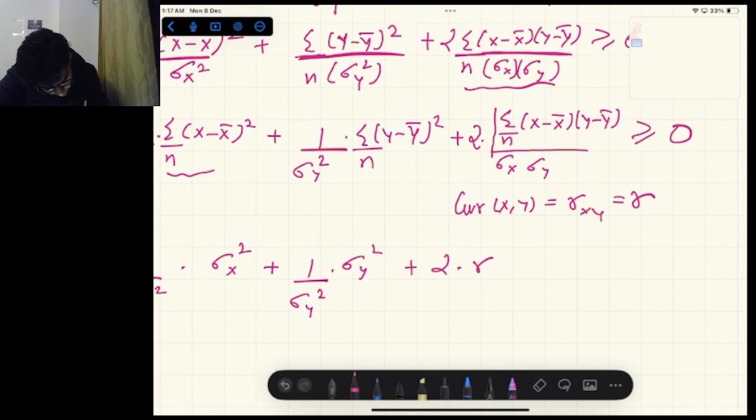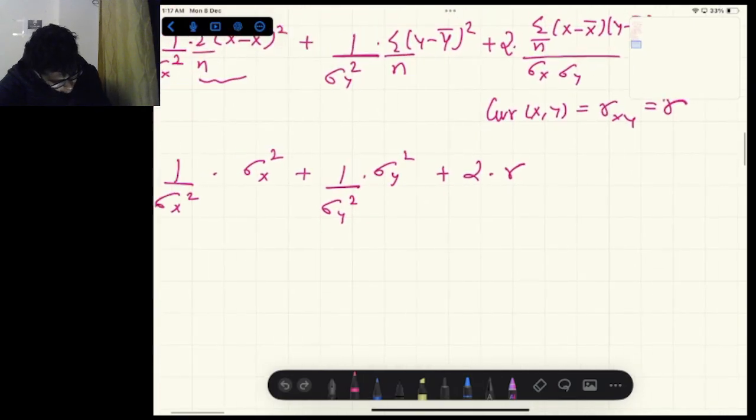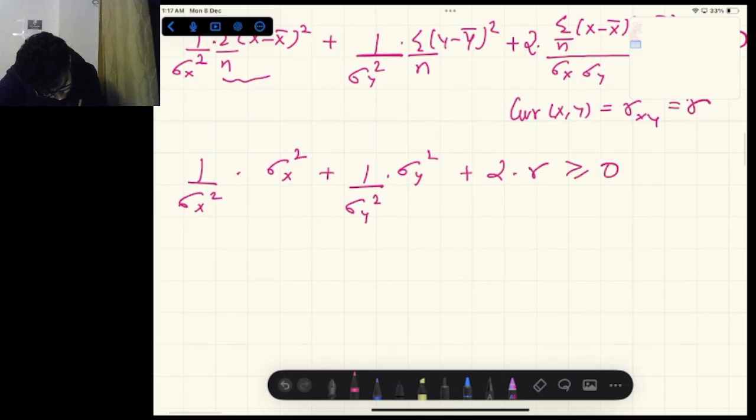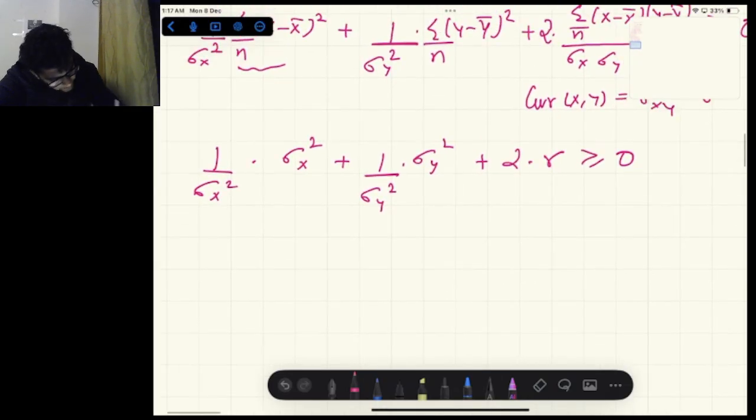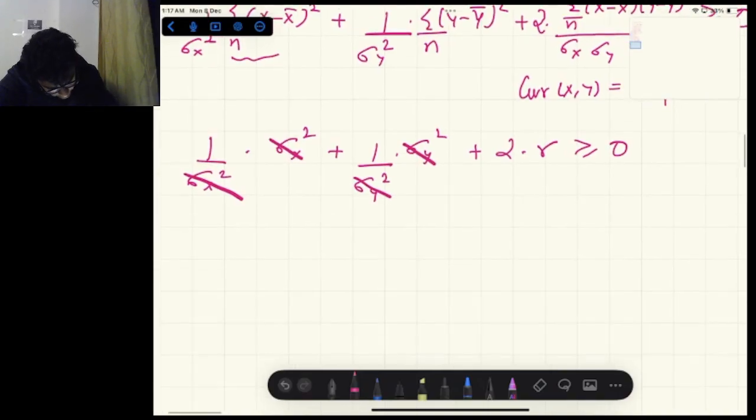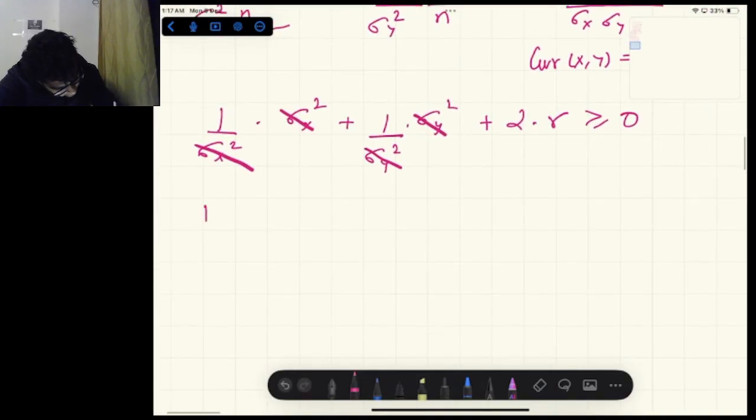This whole term is my correlation, right? Now let me remove the box. So this should be greater than equal to 0. If I just cancel this out, this term and this term gets cancelled, this and this gets cancelled, I'll be left with 1 plus 2 times r, which is this term.